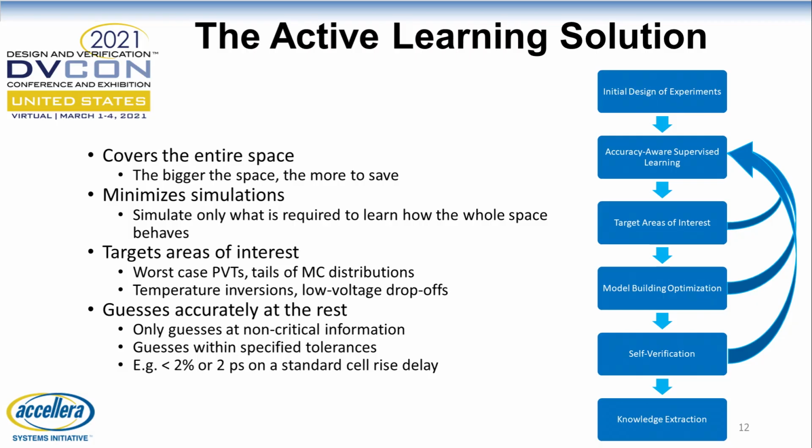Some of the key attributes of this approach is it covers the entire space, it minimizes the simulations, it targets areas of interest such as worst case PVTs, and for the rest of the space it uses machine learning to make accurate guesses within the specified tolerance. For example, less than 2% or 2 picosecond on a standard cell library delay. The next slide talks in detail about this approach.